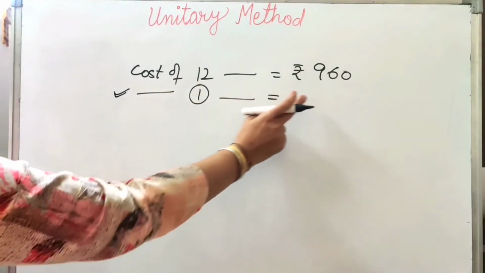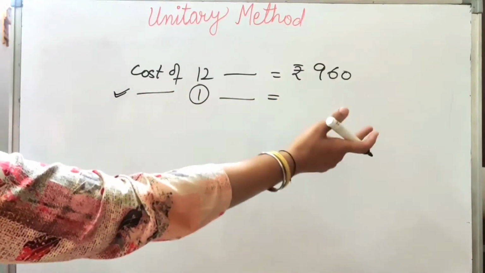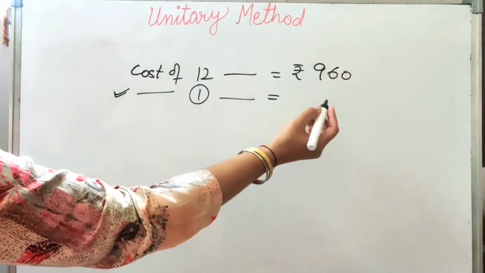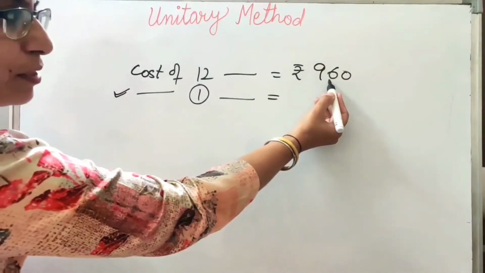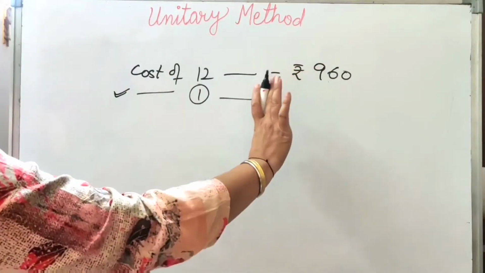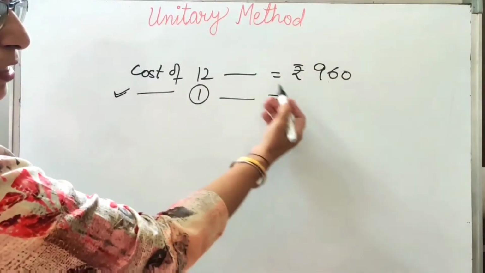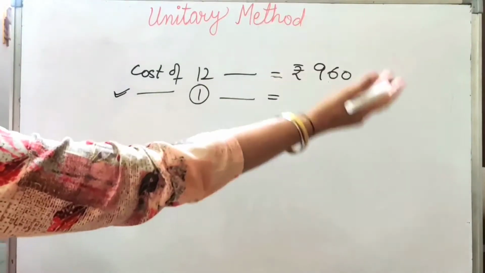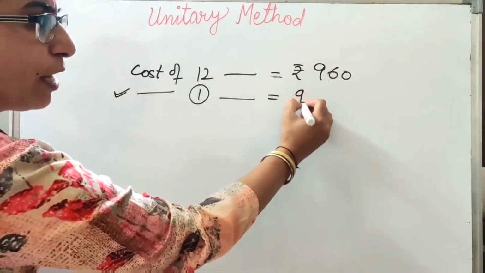The cost of one article will be less, so we divide. Whatever you are finding, keep that value on the right side of the equals sign. Here we have to divide.